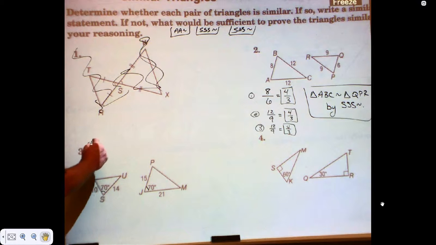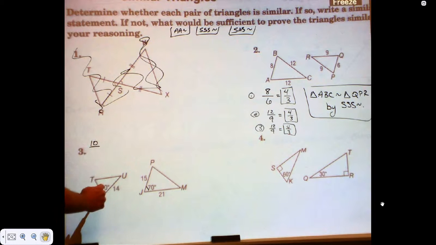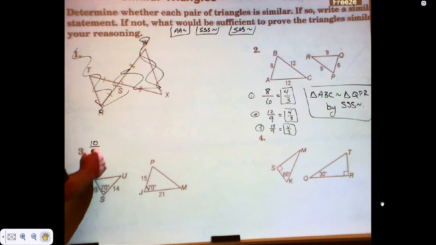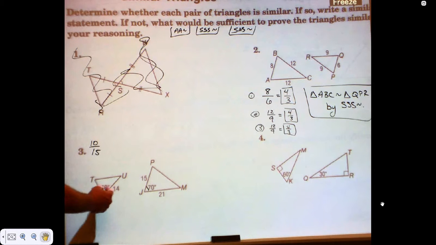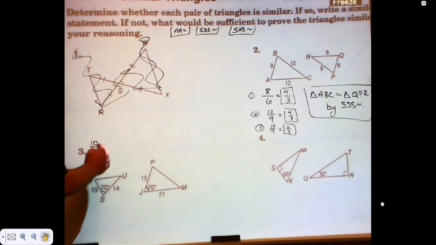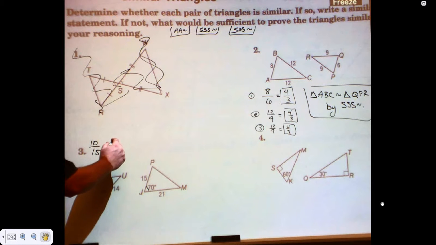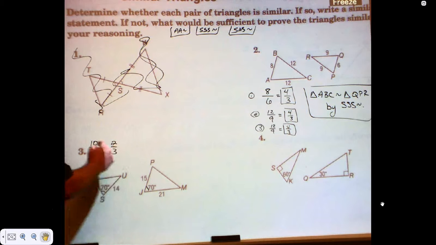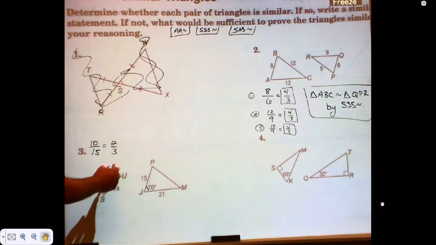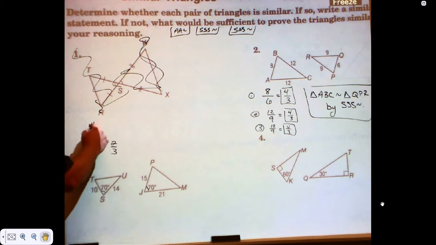So, what is 10 over what corresponds to that? It's hard to tell sometimes, but if 10 is the smaller of the two, then it must correspond to the smaller of the two over here, right? That reduces to what? 2/3. The other one we have here is 14 over what? 21. What does it reduce to? 7 goes into that 2 times, 7 goes into that what?